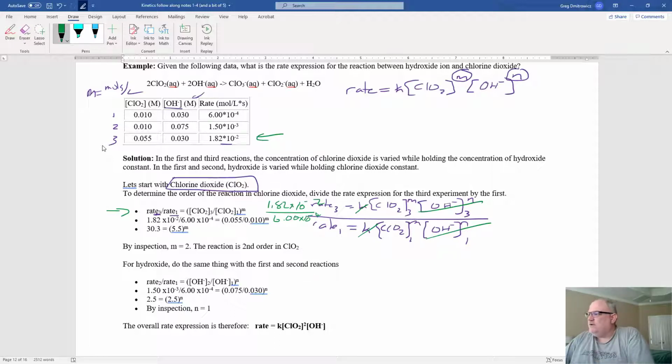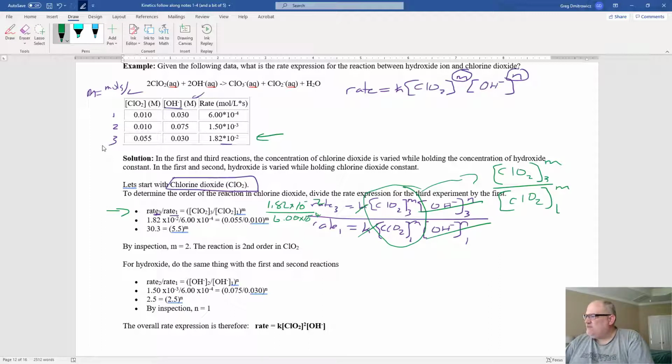And then I want you to point out something here, and this is kind of a big deal. What's left over on this side, I'm just going to circle this, and because we don't have a lot of room, I'm going to just bring it over here. Do you realize if I have something like this, ClO2 raised to the M, and that's divided by ClO2 raised to the M, you may think, well, they're the same thing. Well, remember, these are from different trial runs, so the numbers are going to be different right here.